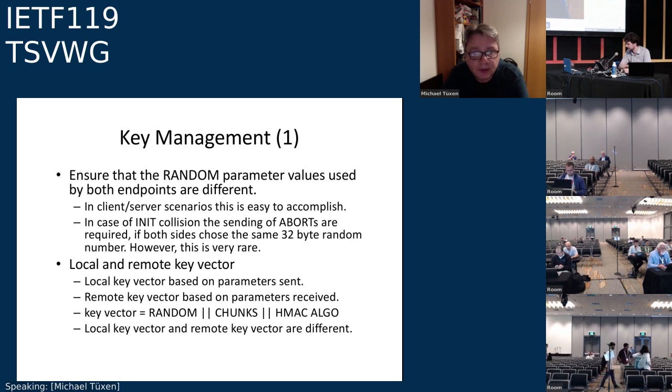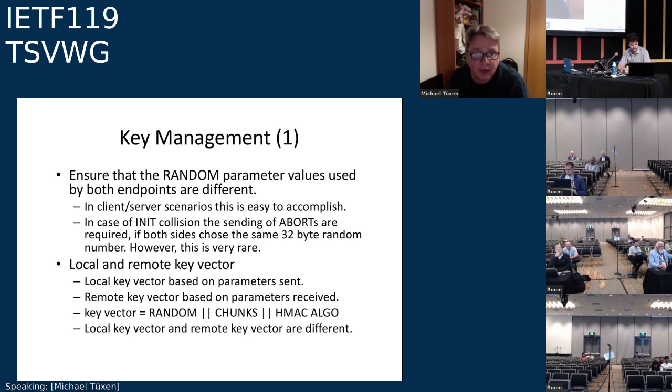The critical point here is if you have a collision of the INIT chunks, so both sides act as a client, and both sides choose the same 32-byte random number, you might need to send an abort and choose a different random number. But this is very rare. Collision on 32-byte random numbers is pretty rare.